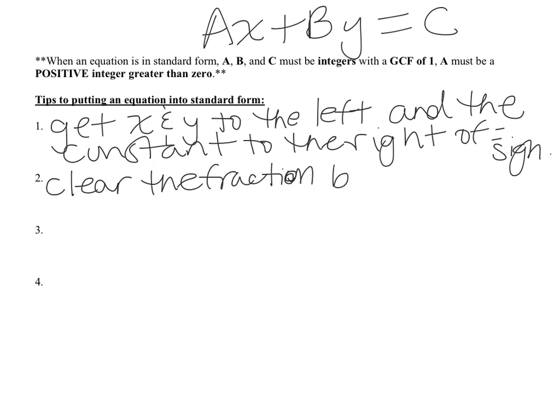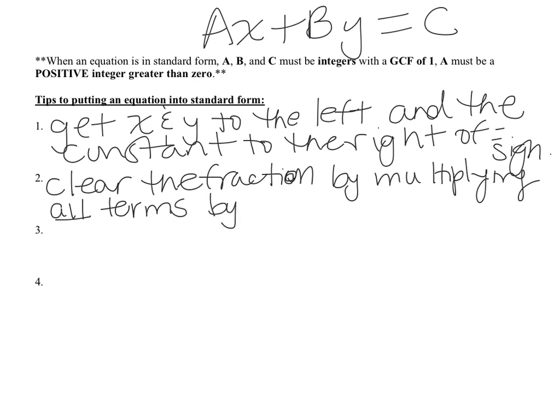So clear the fraction by multiplying all terms, and it's important that you remember all terms, that's the mistake people make, by the LCD, the least common denominator of the fractions. So if there's just one fraction, then you just multiply by the denominator. If there's two fractions, like 1/3 and 2/5, then you multiply by 15, since that's the common denominator. Okay, so we clear the fraction.